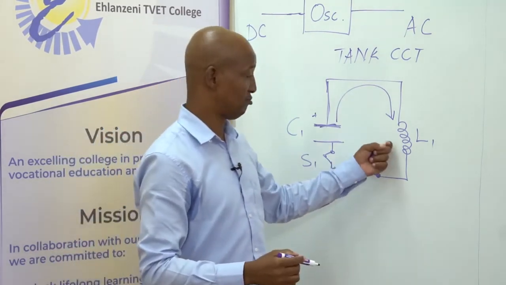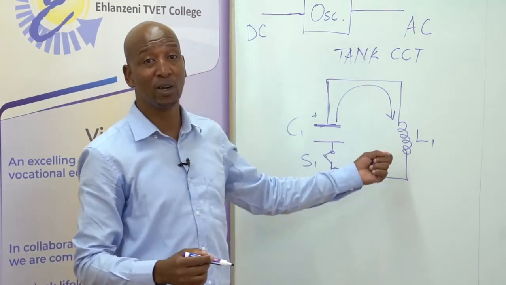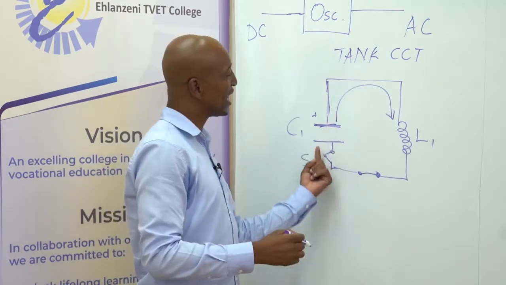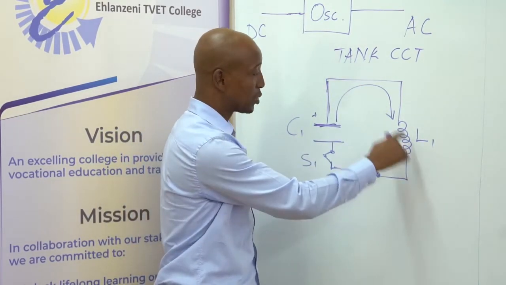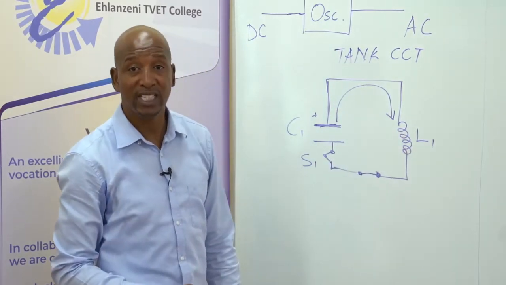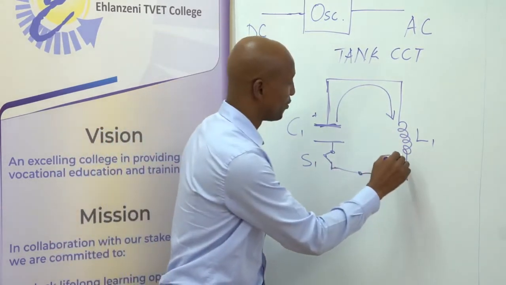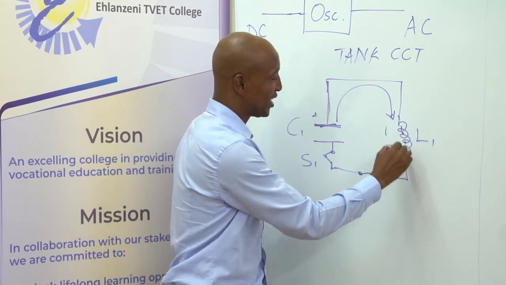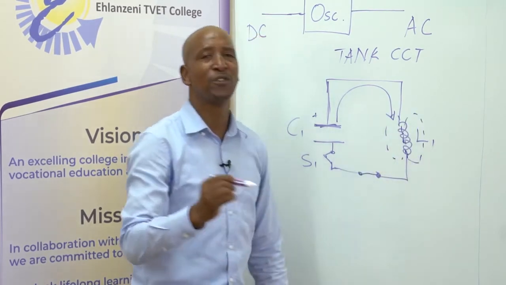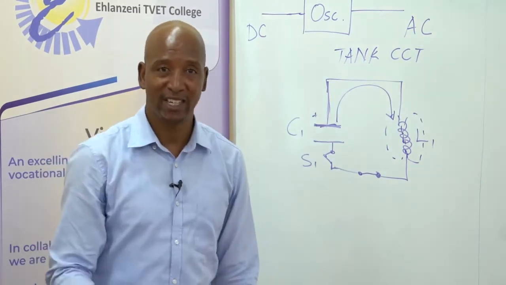Remember, there is inductance and resistance in a coil. So it will see some kind of load and will start to discharge its current to the inductor L1. According to Lenz's law, if current flows through an inductor, a magnetic field is created.